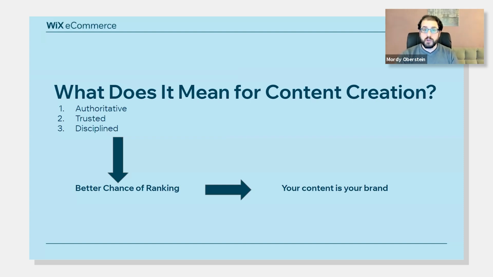And that will confuse Google, and it'll impede Google's ability to rank you. If Google doesn't trust you, if Google doesn't think you're authoritative, it simply will not rank you. Obviously, you also have to be relevant to the keyword. I'm not saying no. But basically, if you take anything away from what I'm telling you today, and it speaks to a lot of the questions that I'm hearing from the Q&A, I want you to think of your content and your website as your brand.